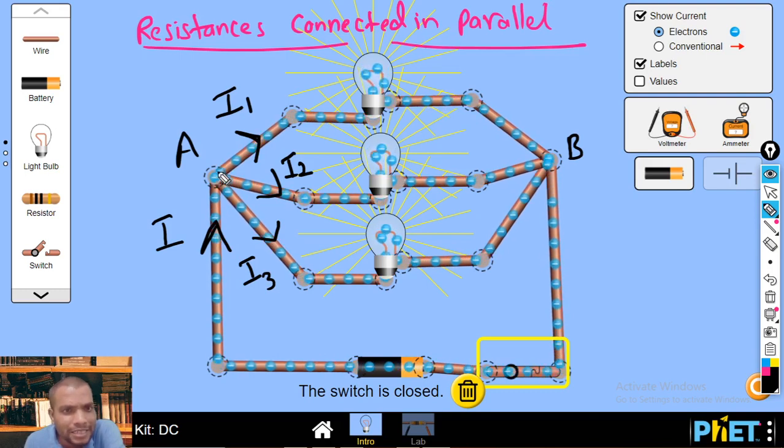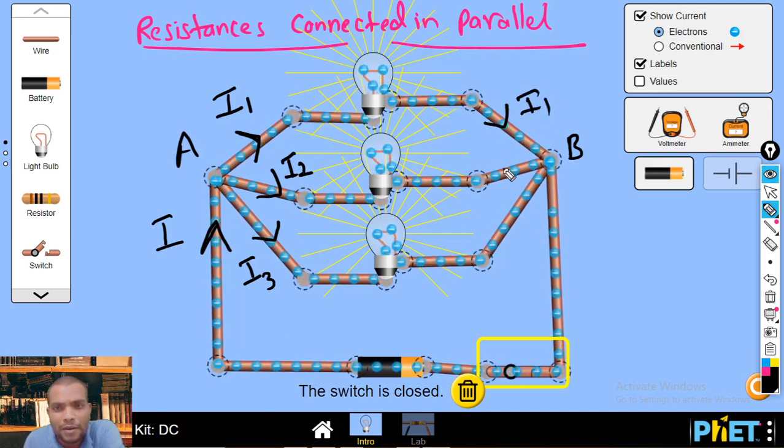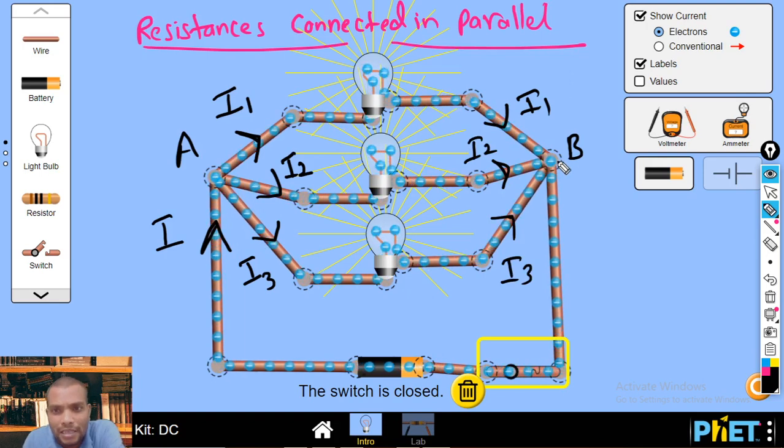At this junction point, the water divides into three sub canals, and through the sub canals the water flows. Likewise, the same current flows through each bulb, equal to I1 here, I2 here, and I3 from this one. But when it comes to junction B, you can see the current is adding up.